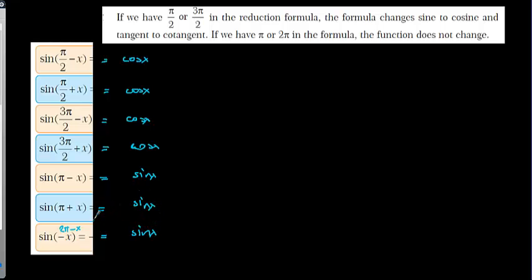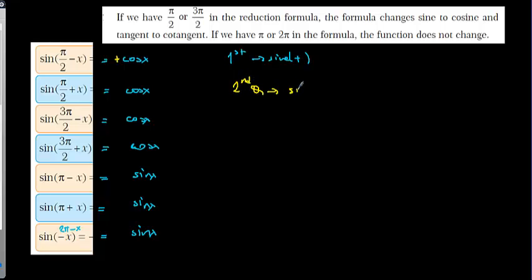Here I have to be careful about the signs. I gave space between them because I want to show the sign. This angle is in the first quadrant. In the first quadrant, sine is plus, if you remember. So this sign is going to be plus. Sine of pi over 2 plus x is in the second quadrant.